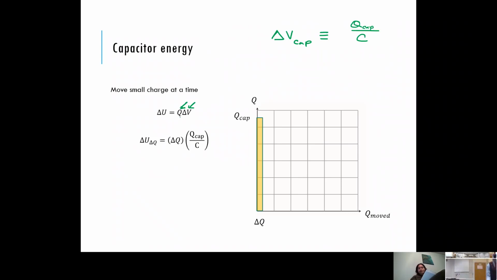Because I'm moving it across the potential difference of the capacitor, I've just plugged in the charge of the capacitor divided by the capacitance. Next question. Let's say I start off with some total charge, Q total. After I do that first tweezer move, after I pull some charge off the top plate and put it on the bottom plate, how much charge is now on the top plate of the capacitor?